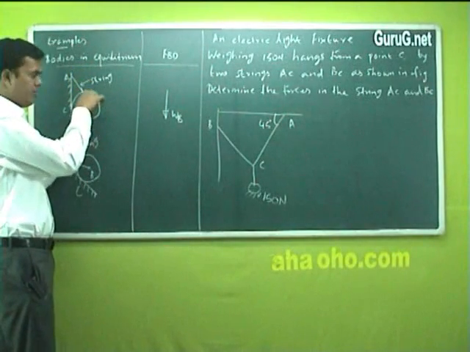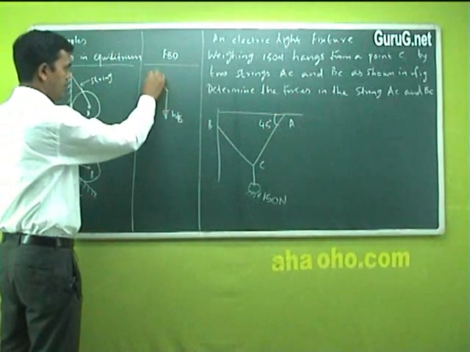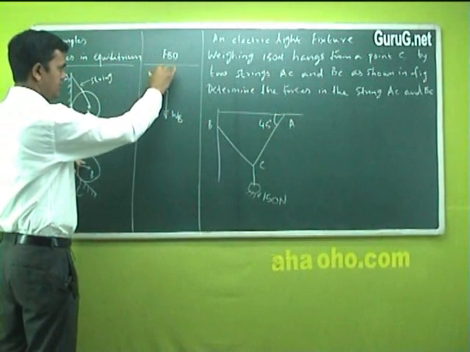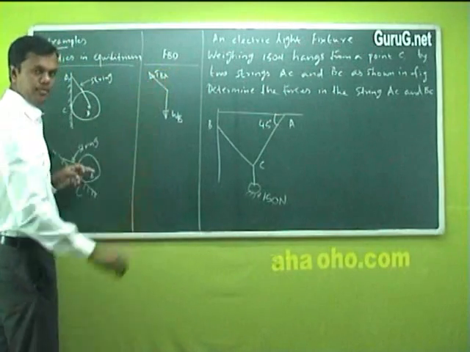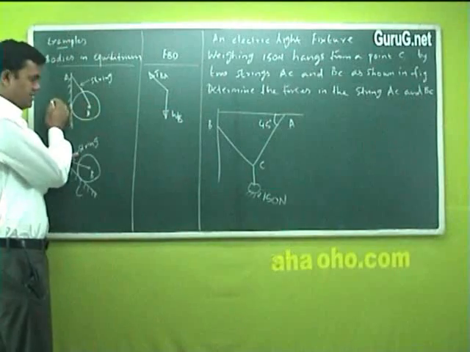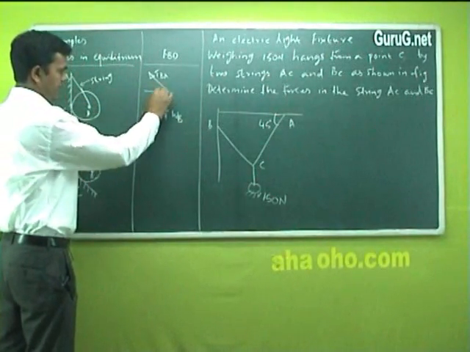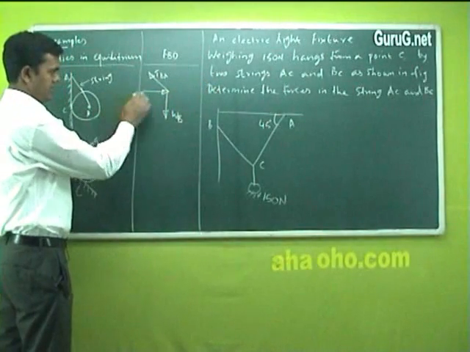It is the tension from body B to A. It is holding. I write it like this: tension from B to A. Clear? And this is a reaction because it is touching. So the reaction from this point. Either you can write it towards that side or towards this side.